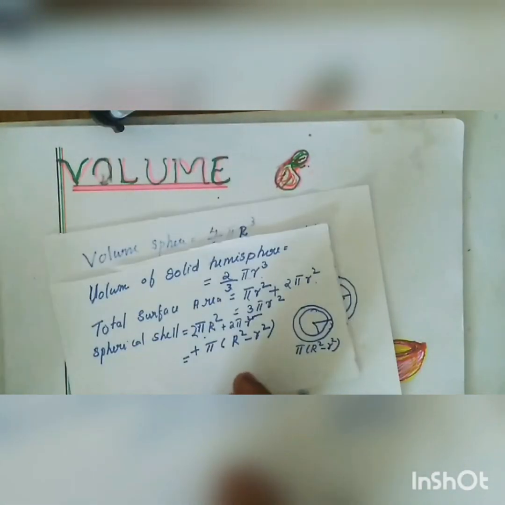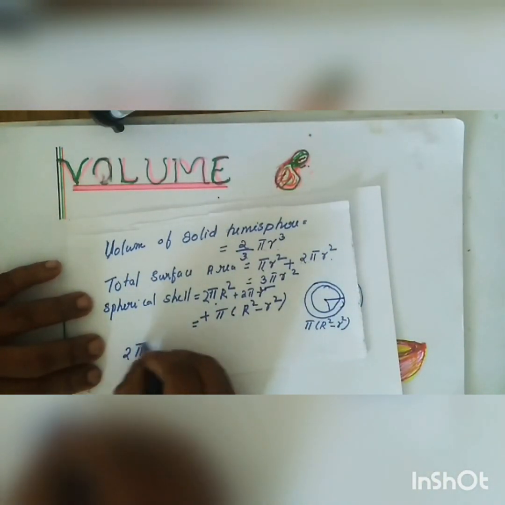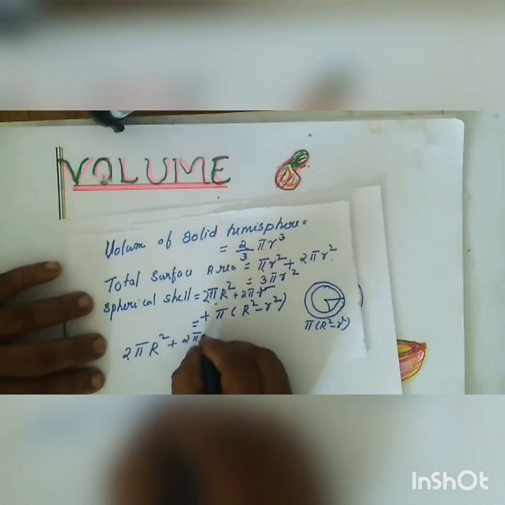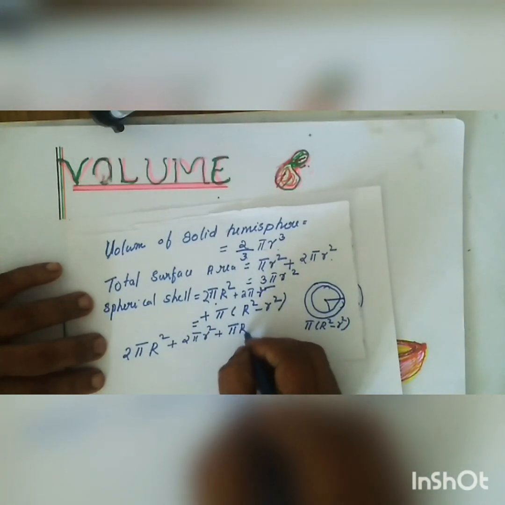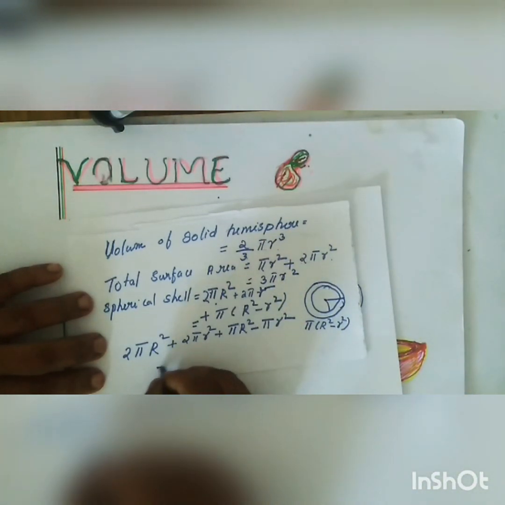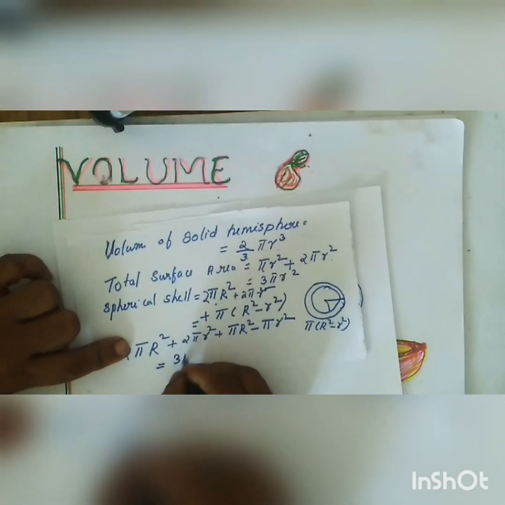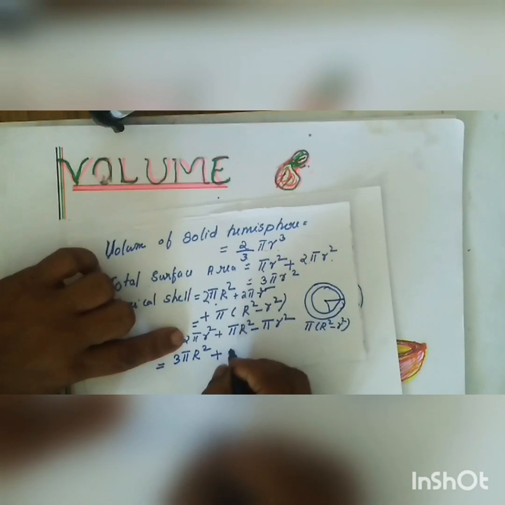Through simplification, we get a simpler formula: 2 pi capital R square plus 2 pi small r square plus pi R square minus pi small r square. 2 pi r square plus pi r square, it is 3 pi r square, plus 2 pi r square minus pi r square, it is pi r square.